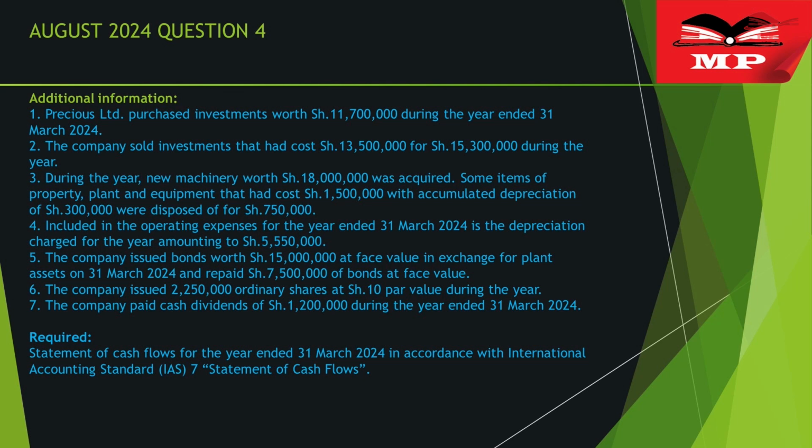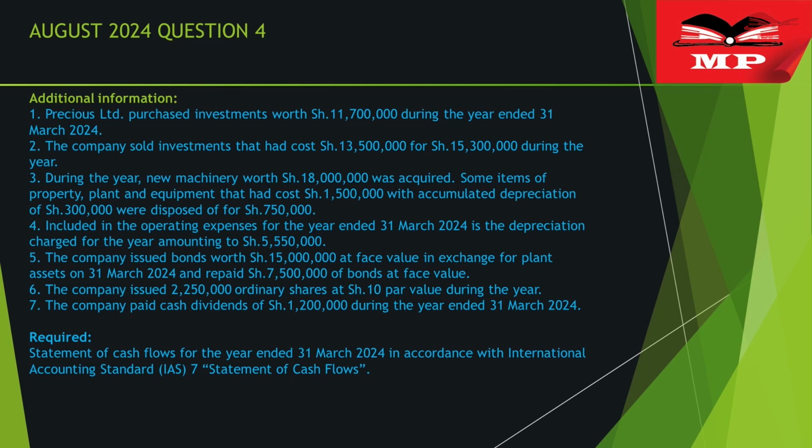Number 4, included in the operating expenses for the year ended 31st March 2024 is the depreciation charged for the year amounting to 5,550,000. Number 5, the company issued bonds worth 15 million at face value in exchange for plant assets on 31st March 2024 and repaid 7.5 million of bonds at face value.